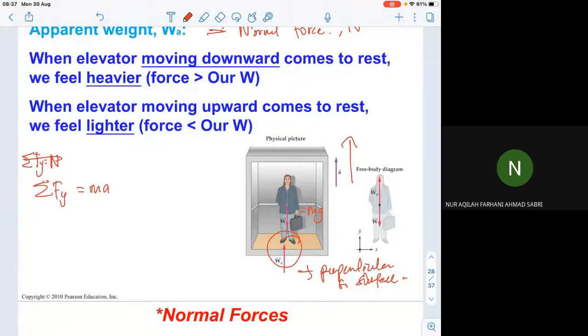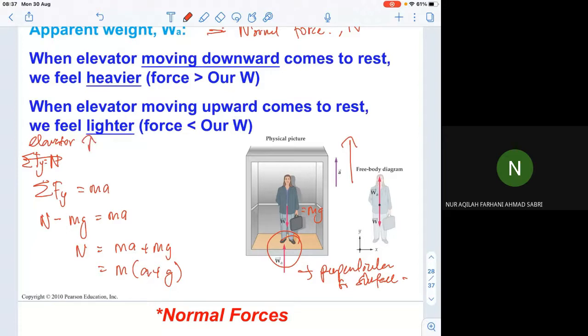What's in the y? N minus mg equals ma. So N equals ma plus mg, and N equals m times a plus g. That is when the elevator is going up.